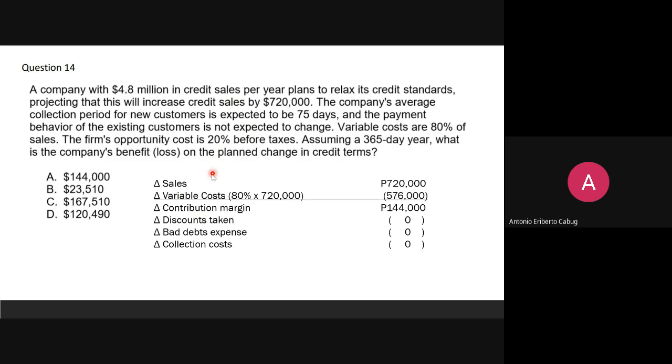So the only thing that would matter here is that you're going to have an increase in AR. 720K yung increase ng sales divided by 365. That would be your daily credit sales increase. 1,972.60.